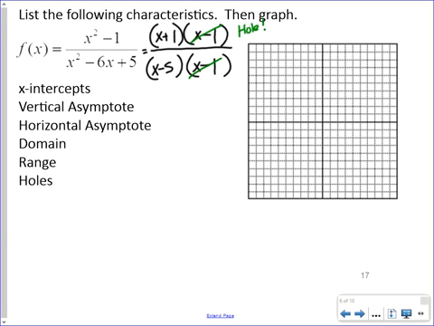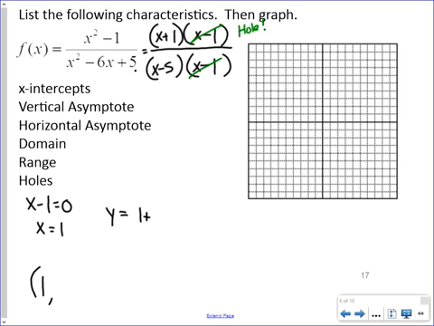I'm going to go down to the bottom and do my work for my hole. Whatever factor I cancel, set it equal to 0. So my hole happens at x equals 1. To find the y value of my hole, I'm going to plug that value of 1 into the factors that are left over, x plus 1, x minus 5.